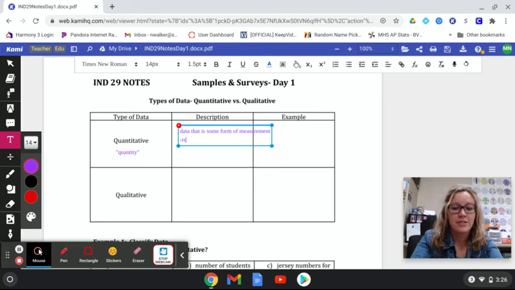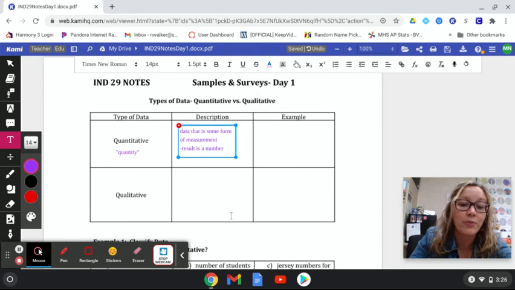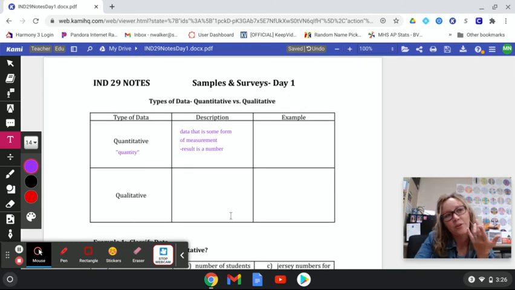So the result is a number. Let me get that to fit in there. And you guys can type or you can write. If you're doing it on the screen, you can type. Obviously, you guys are going to write if you're doing it on paper. But this is just data that is some sort of measurement, and the result is a number.